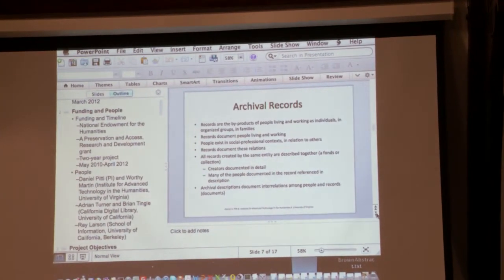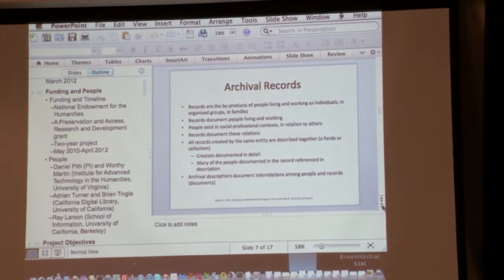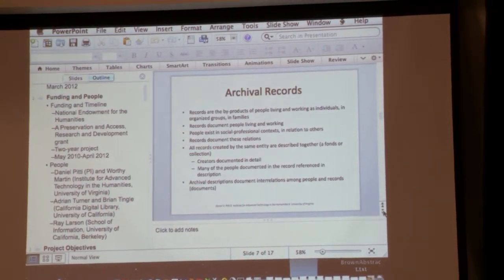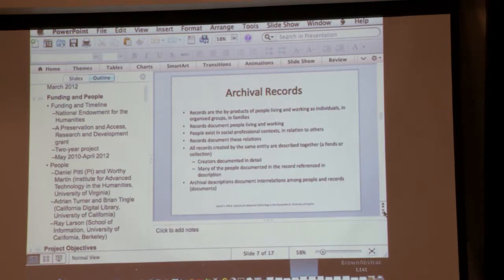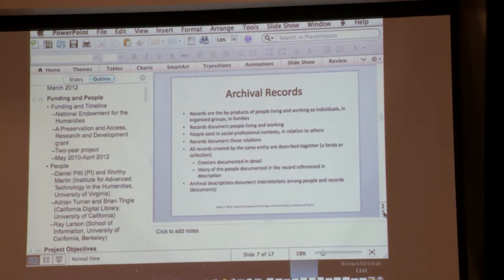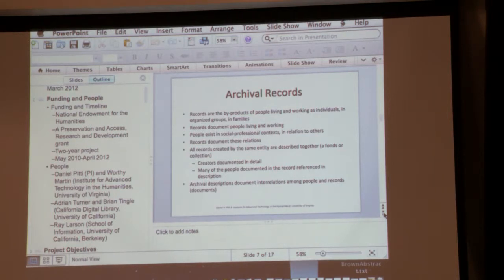This is a bit on archival records. One of the key things to know about them, Alan brought up the word intentionality yesterday, and then went on to qualify exactly what he meant by intentionality, which was not what most of us assume he meant by the word. But archival records are the byproduct of people living and doing their work.